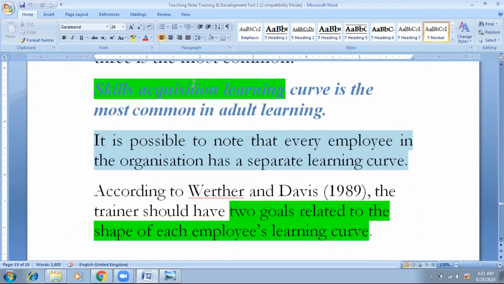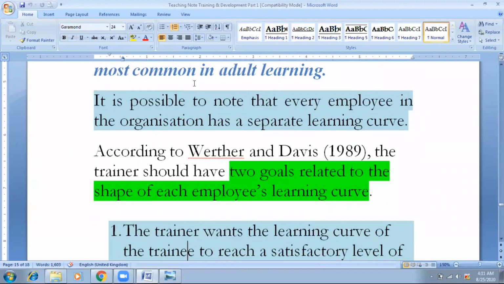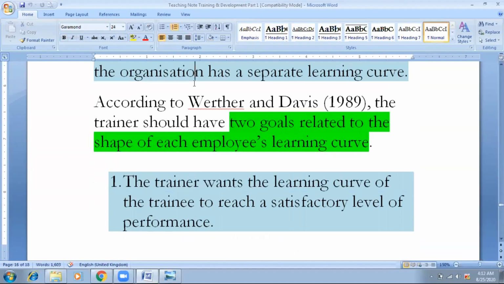According to Professor Werther and Professor Davis, the trainer should have two goals related to the shape of each employee's learning curve. The first one: the trainer wants the learning curve of the trainee to reach a satisfactory level of performance.